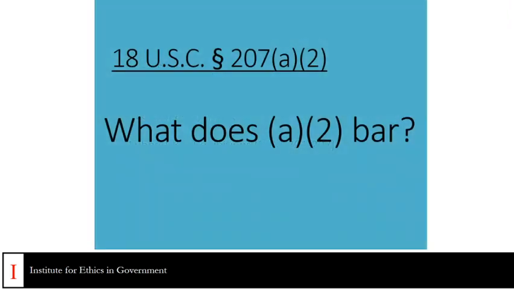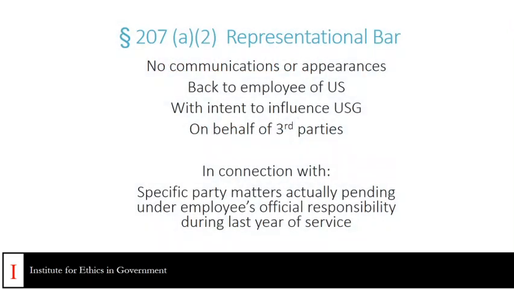What does 207(a)(2) bar? As was the case with (a)(1), it is essentially the same representational bar. It prohibits employees from making communications or appearances back to an employee of the United States if those communications or appearances are with the intent to influence the United States government and they are made on behalf of third parties.